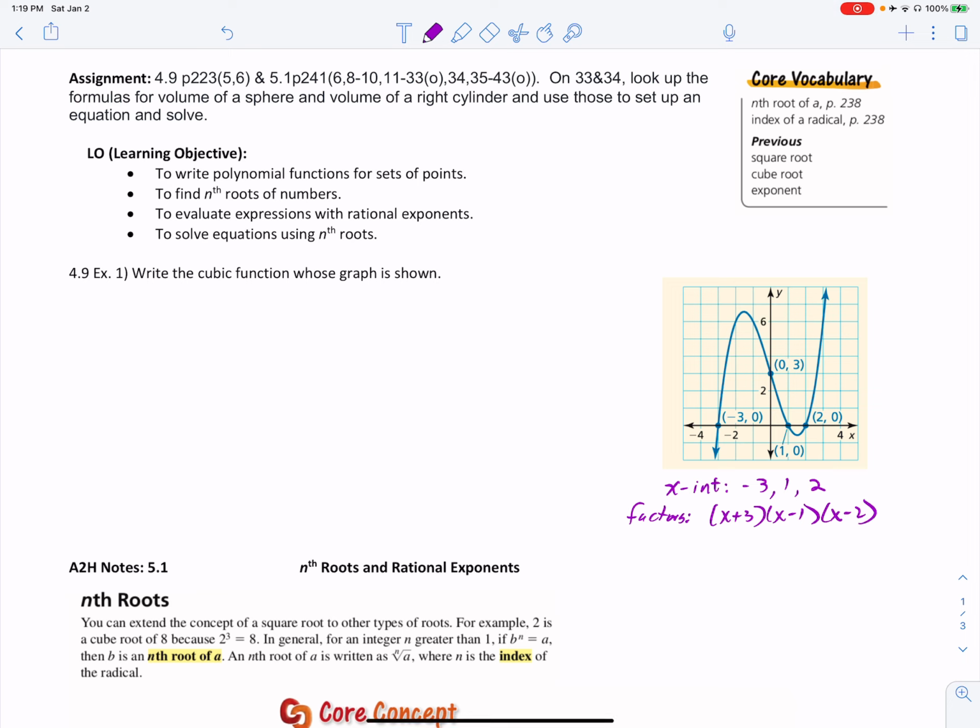If I multiply those out, I'm going to have a polynomial that goes through those 3 x-intercepts. But we also need to consider that there could be a vertical stretch, and maybe even a reflection in the x-axis.